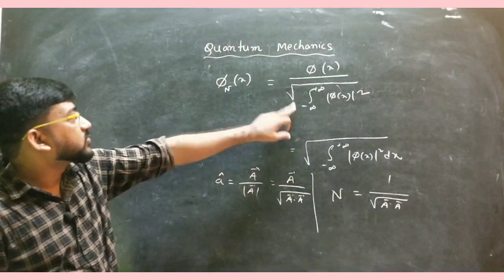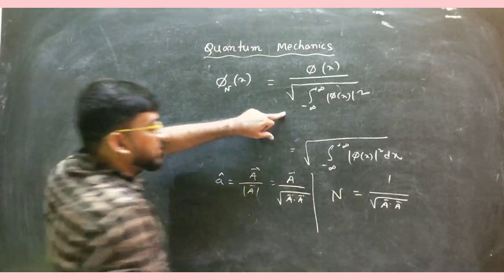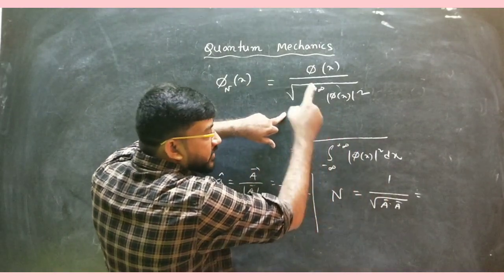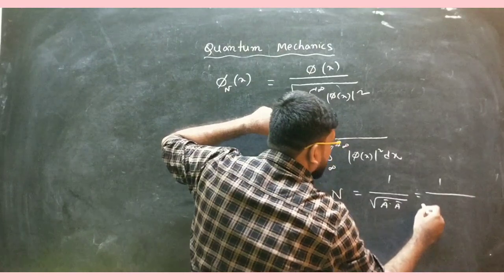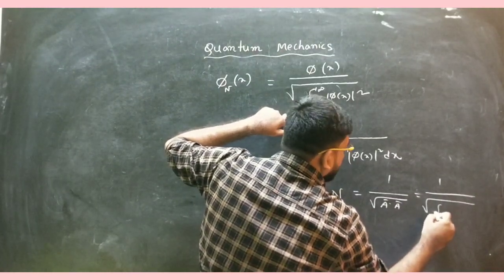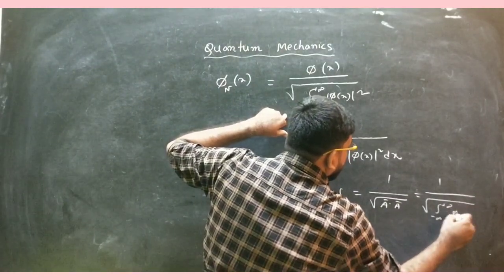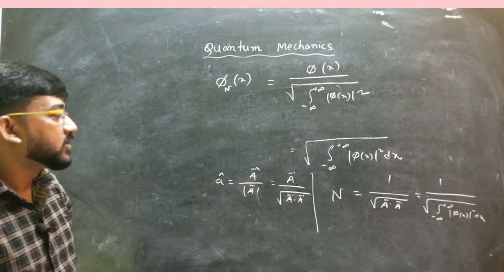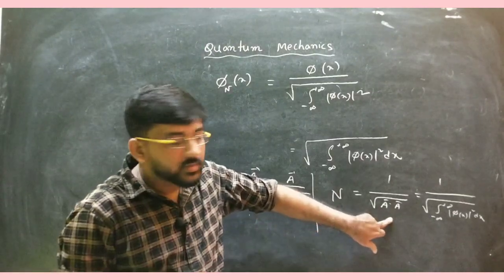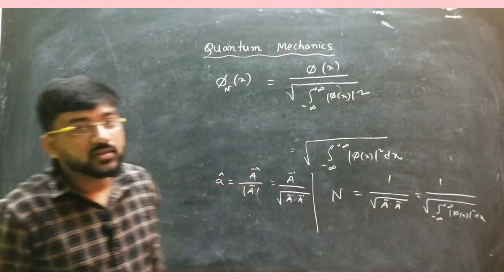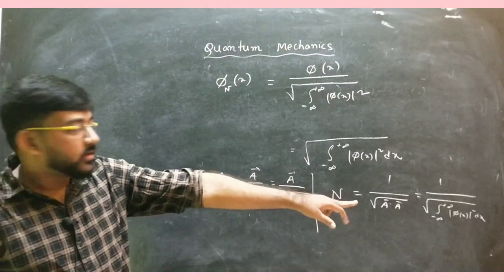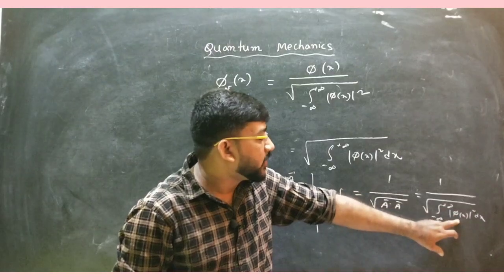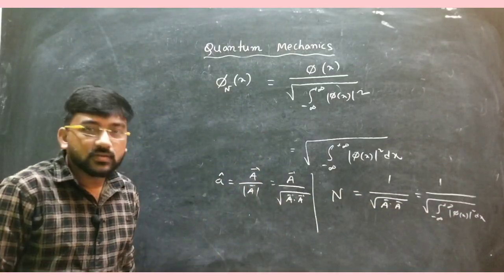So this is nothing but the norm of this function. In linear vector space or in Hilbert space, this will be nothing but root over the integral from minus infinity to plus infinity of mod phi of x whole square dx. Okay, so this is your normalization constant in ordinary three-dimensional vector space, and this is the normalization constant in Hilbert space.